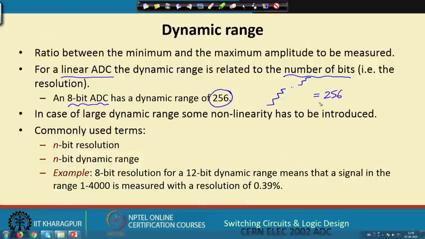This you can calculate for a linear converter if it is proportional. But for some applications where the input is very large, you need to add some nonlinearity to the AD converter, but we are ignoring that for the time being. Just mentioning that for large dynamic range some nonlinearity may be introduced.